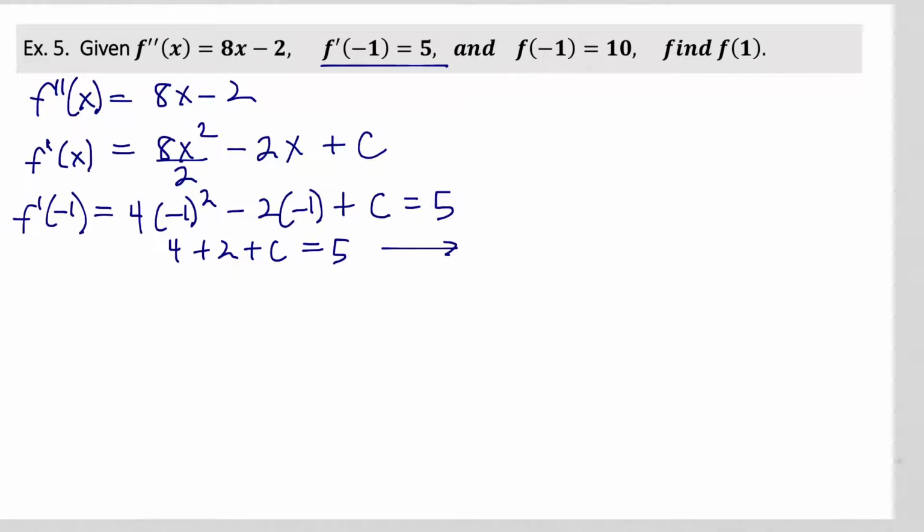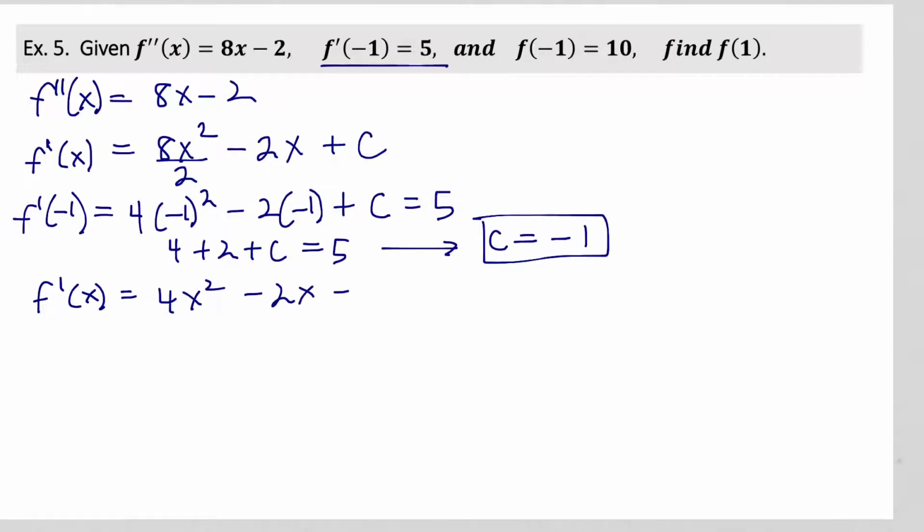So that's 6 plus c is equal to 5. So c is equal to 5 minus 6. So c is negative 1. That means f prime of x is equal to 4x squared minus 2x minus 1. We've got our full f prime of x because we had that initial condition to help us out.